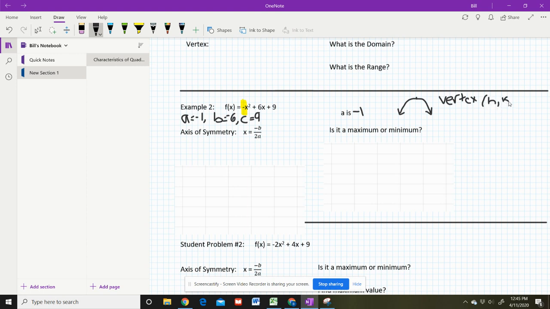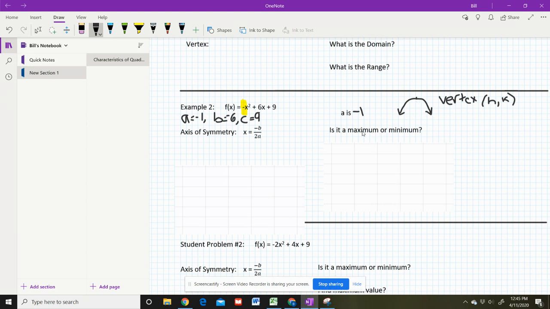These problems will be the ones that we're going to see the most when we get to the next section where we're doing word problems. We deal with projectile motion where you throw things up in the air and it comes back down. A ball, a rocket, golf ball, soccer ball, basketball. You throw it up, it hits a high point, and then it starts coming back down.